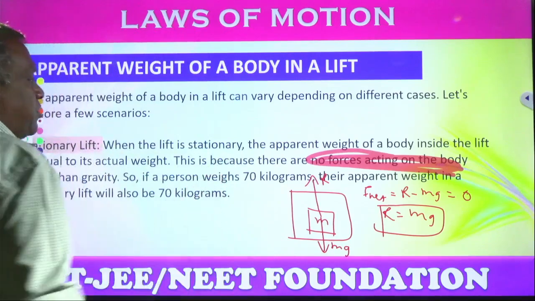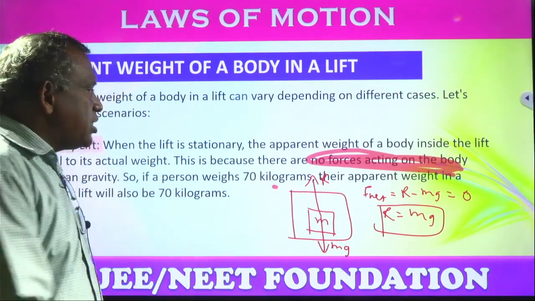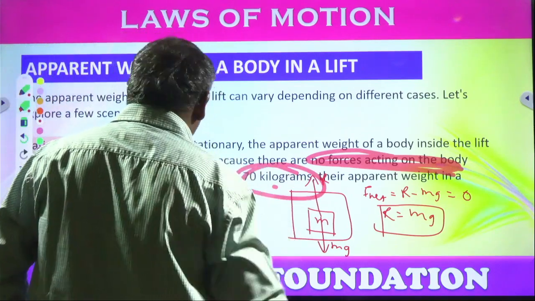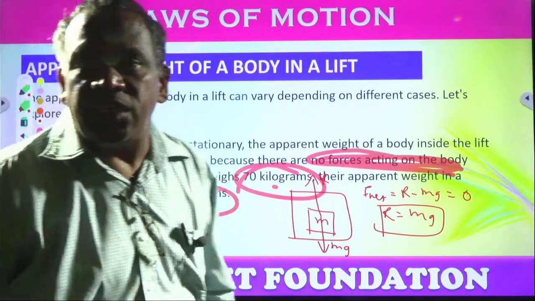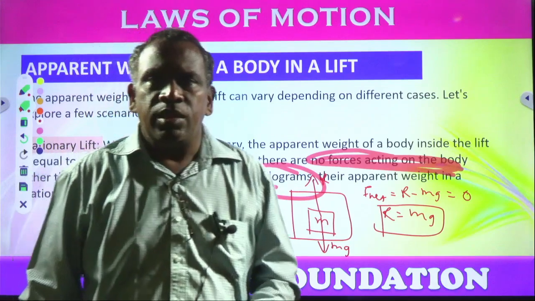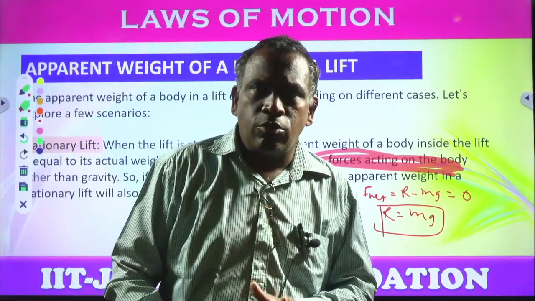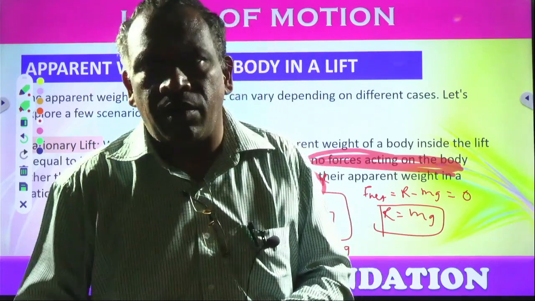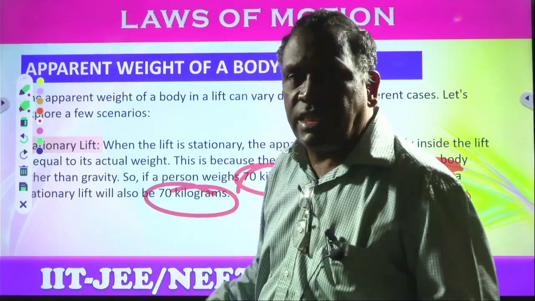So if the person weighs, for example, 70 kgs, the same 70 kgs will be the apparent weight. If the lift is stationary, the same 70 kg will be there. There is no change in the weight of the body. Apparent weight is equal to the actual weight of a body when the lift is stationary.